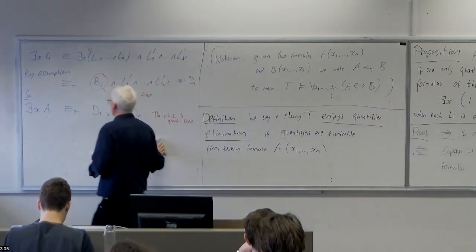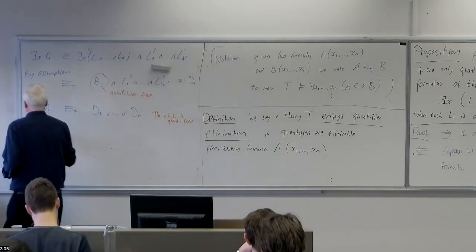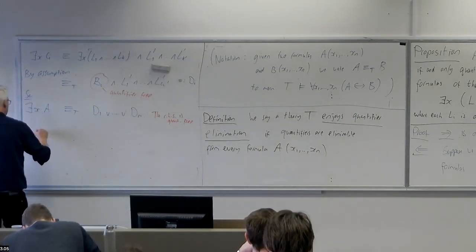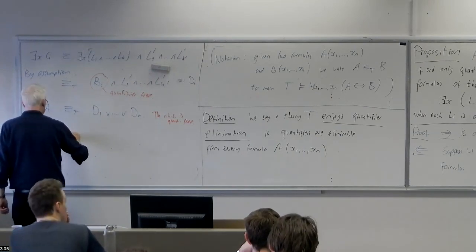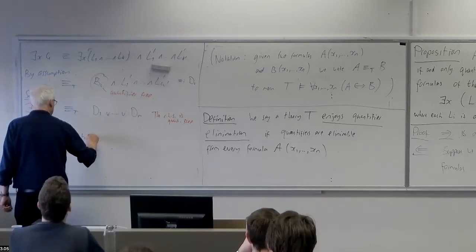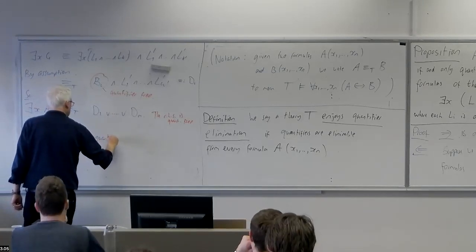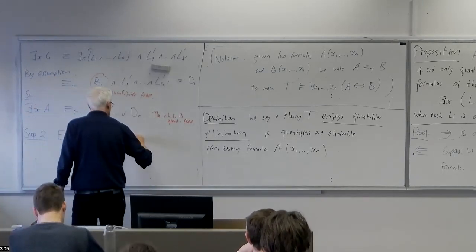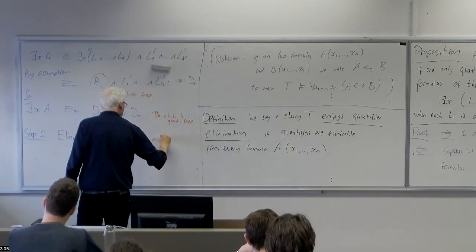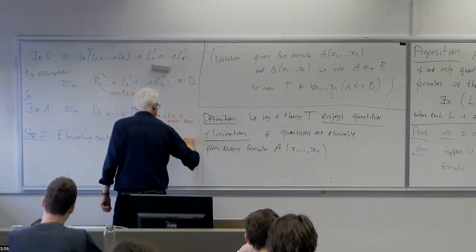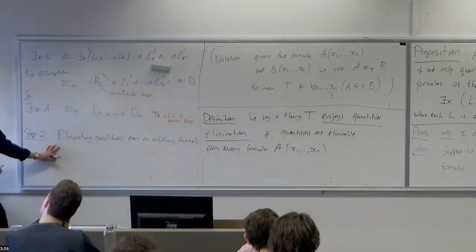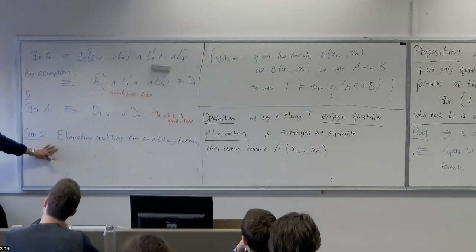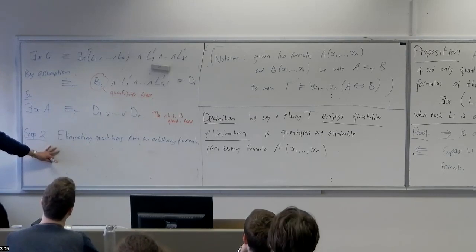Step two is eliminating quantifiers from an arbitrary formula. This is now easy, because last week we saw, and it's anyway a very easy observation, that you don't need the universal quantifier.